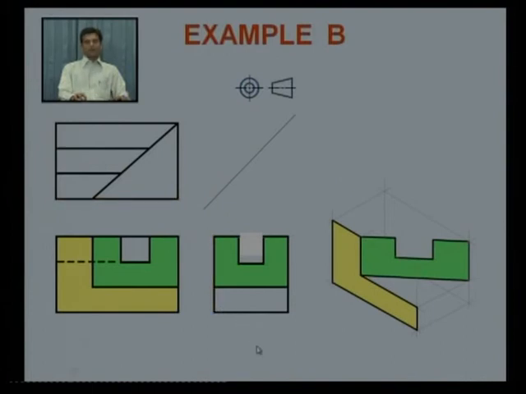Now one more view, this one, this right angle triangle. So what about this right angle triangle? Imagine its possible views. It could be like this, right? If you look from top, it appears as a right angle triangle, but here it's visible like this.